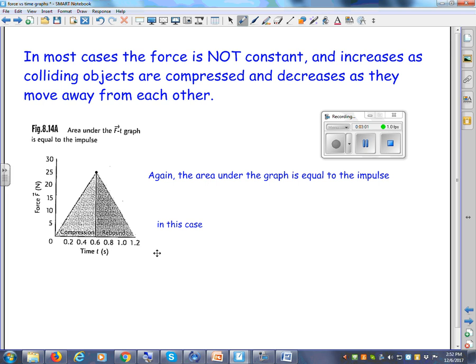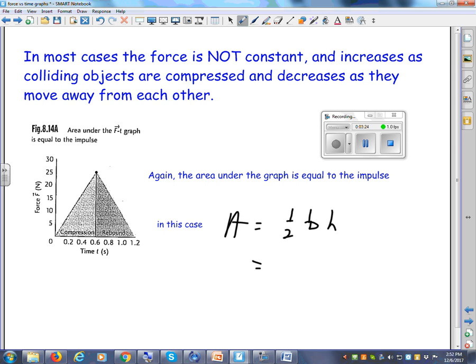Now we've got a triangle. Can you find the area of a triangle? Yeah, you've been doing it since grade 6. Now you should have this graph. Again, the area under the graph is equal to the impulse. In this case, the area would be one half the base times the height.